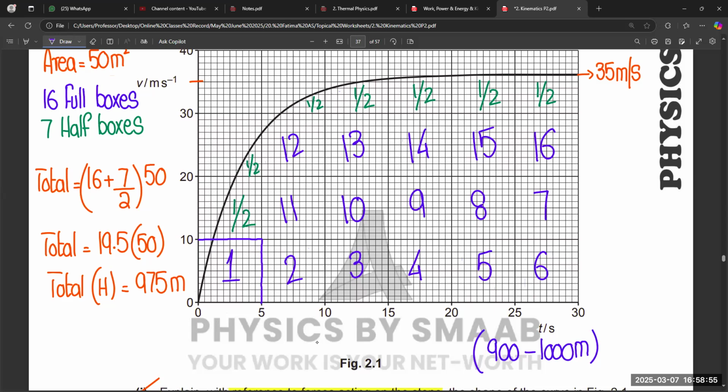If we consider small boxes, that will be more accurate. But if we consider large boxes, that is less accurate. But in our question, they only demand an approximate answer, right? Not the exact one. Okay. So any doubt in this question? Okay.